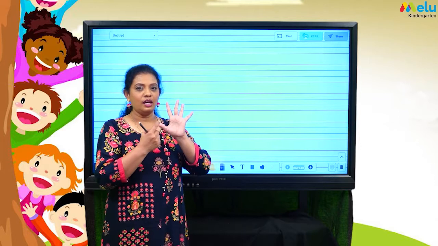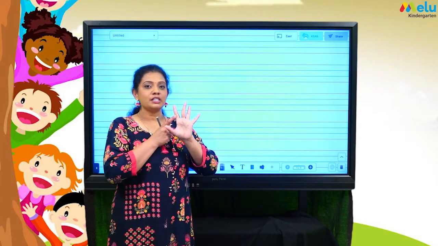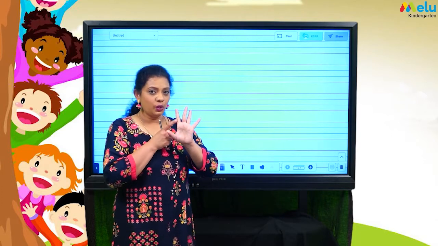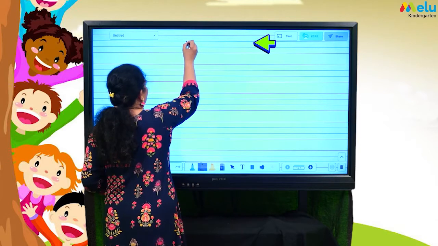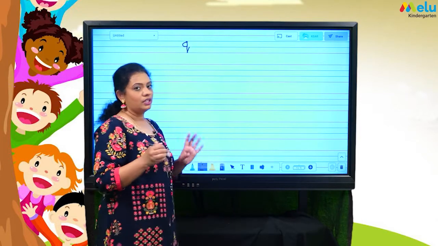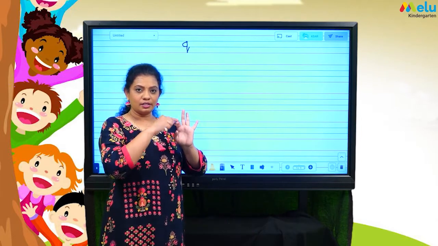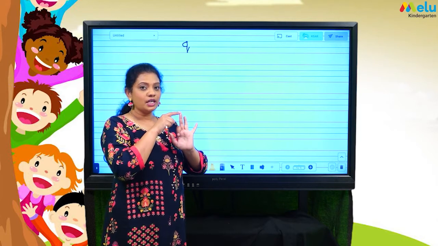Quilt. Okay, now let us write the first sound, that is qu. Which letter sounds qu? It is Q. So we should write Q first. The first sound is done. Then the next sound. Which letter sounds that?